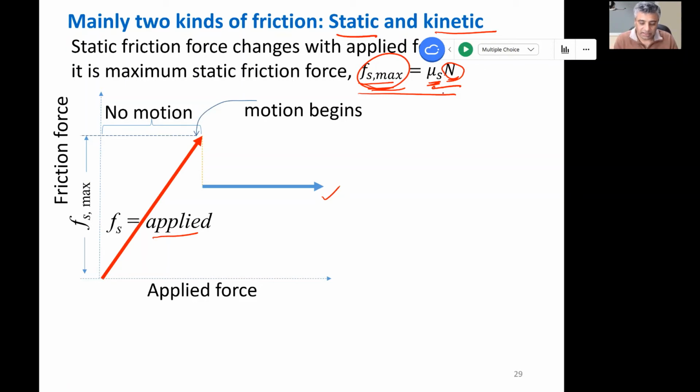As you can see in this graph, maximum was somewhere here. If this was 12, then it is down here, maybe 10. See, it's smaller here. Now the friction becomes smaller, okay? And it does not depend on the applied force anymore, okay?